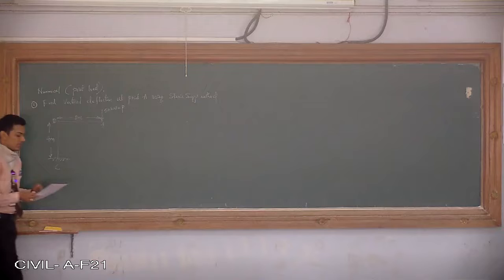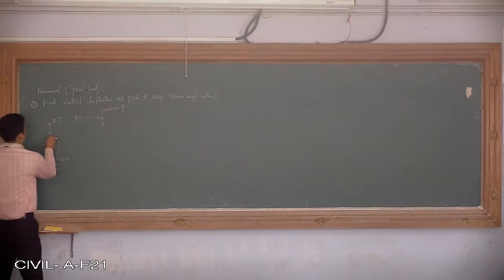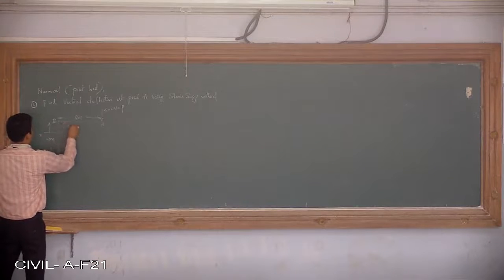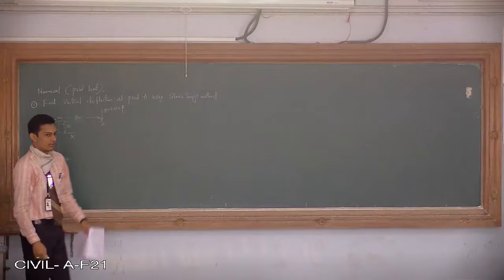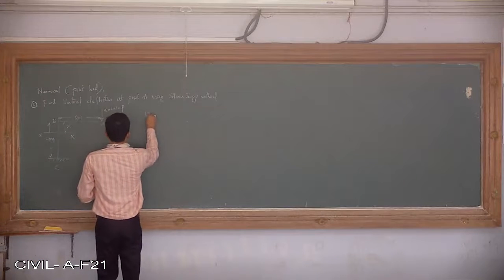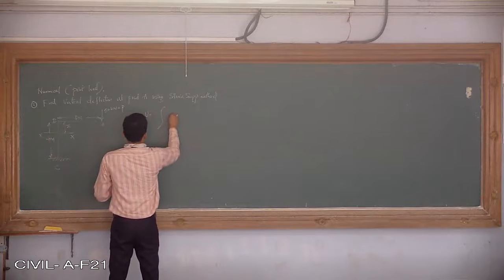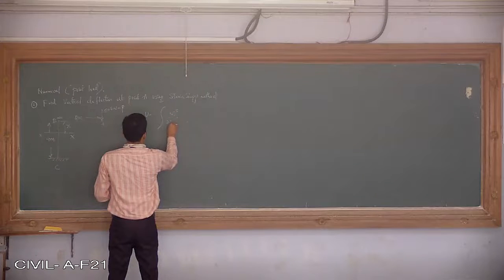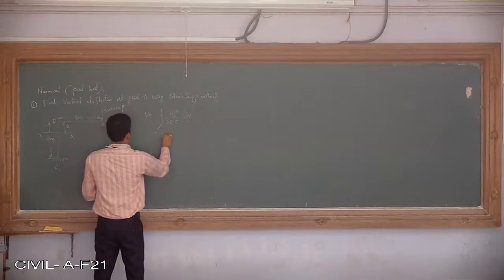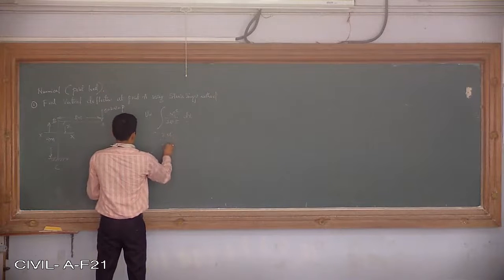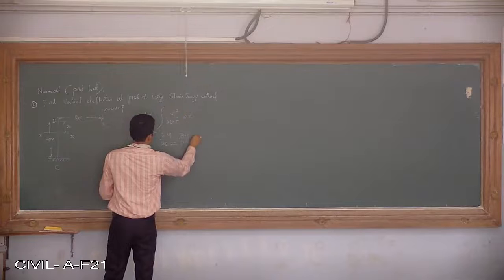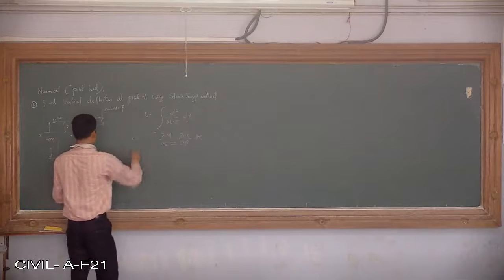What is the first step? We have to divide the section XX, and take X distance from beam AB. Okay. Then you can apply the strain energy formulas. It is integration of M square divided by 2EI dx. It is integration of 2M by 2EI dou M by dou P dx.